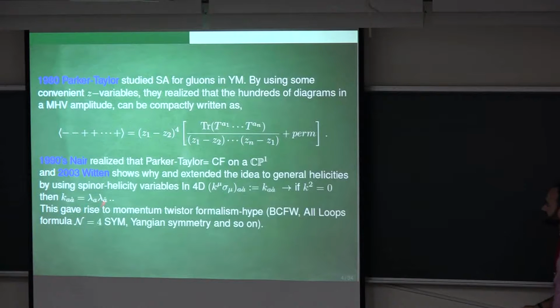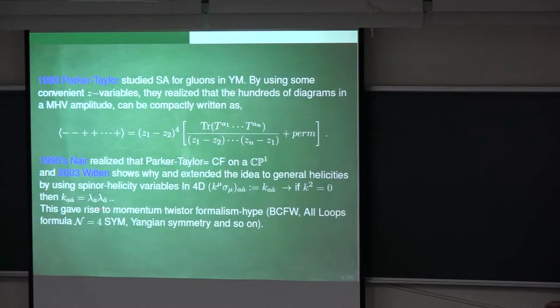And it's essentially to find a space where the dynamics of the on-shell objects are natural. So if we write in 4 dimensions the momentum of massless particles as a product of 2 spinors, it turns out that this parametrization of the momentum implicitly encodes the mass shell condition of the particle.